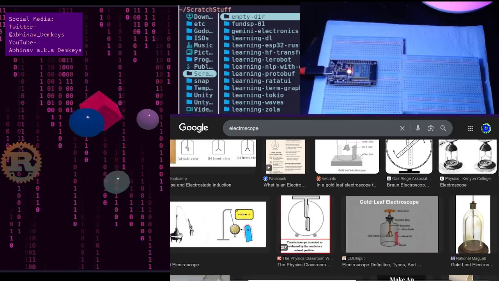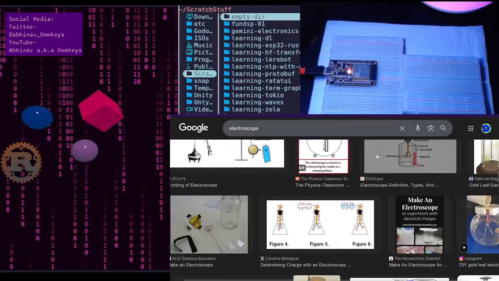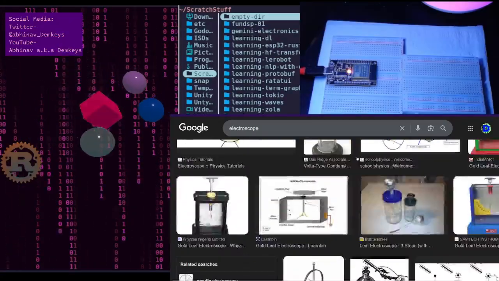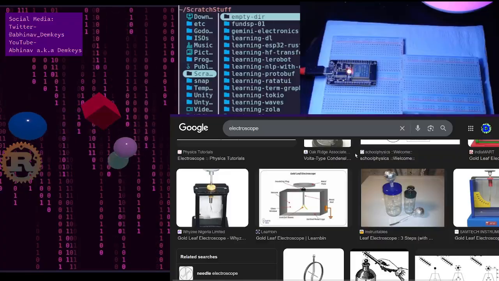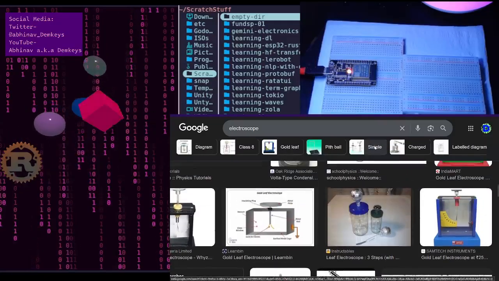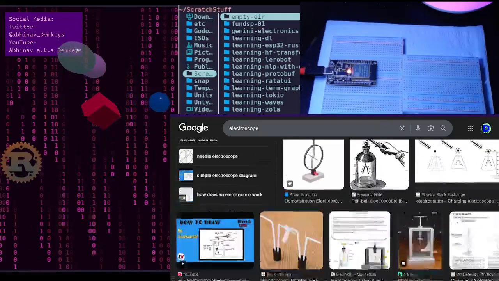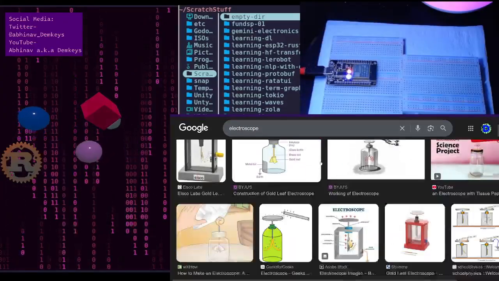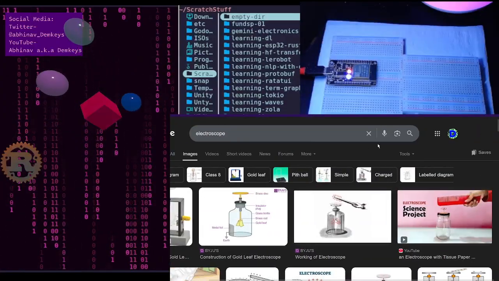Give me a second. I want to see if I can manage to find it. I do need to be careful because I am on Google Images. Nah, you know what? I'm just gonna explain it in terms of this.